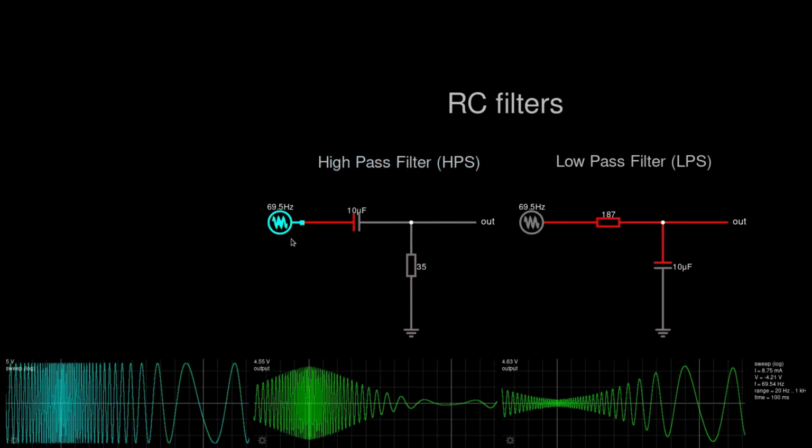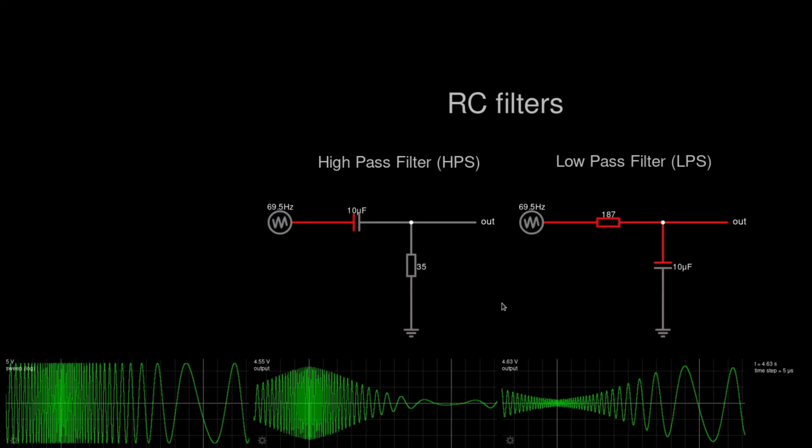Okay, it still simulates the varying frequency. Okay, so we have paused it at a low frequency right now, a lower frequency input, and we can see that the high pass filter doesn't let low frequencies through, but the low pass filter lets them through. Why is that?